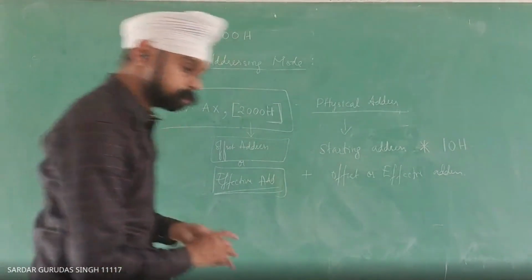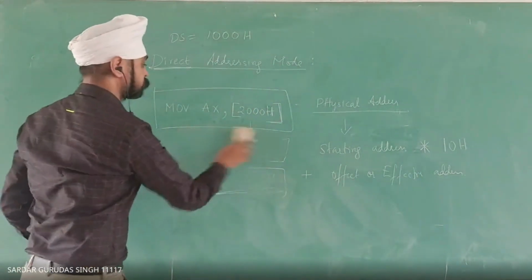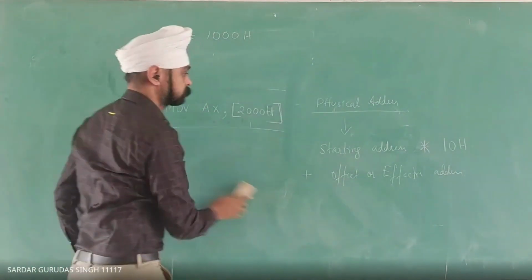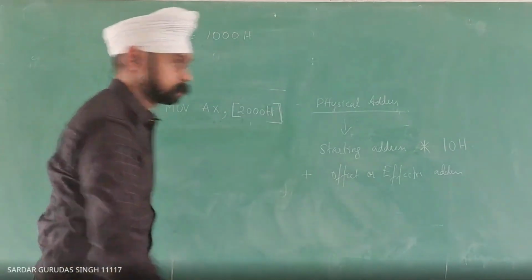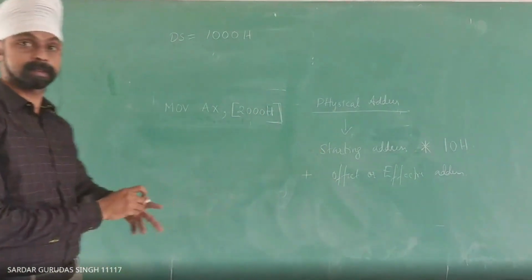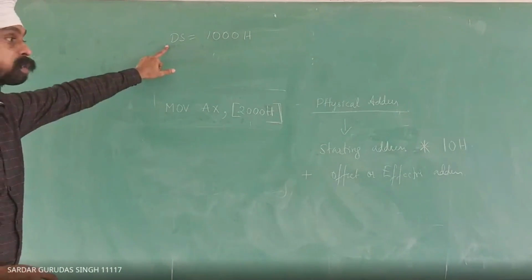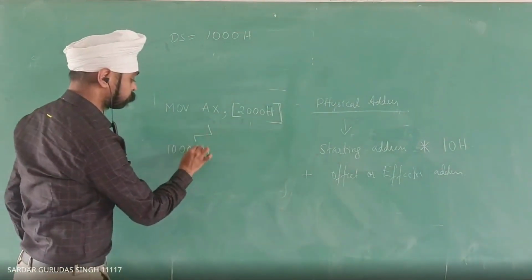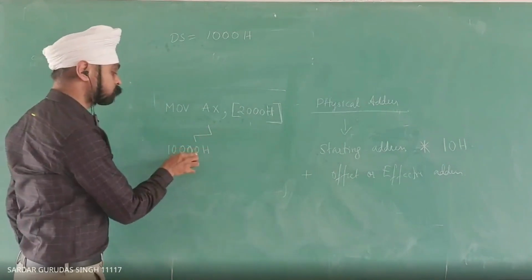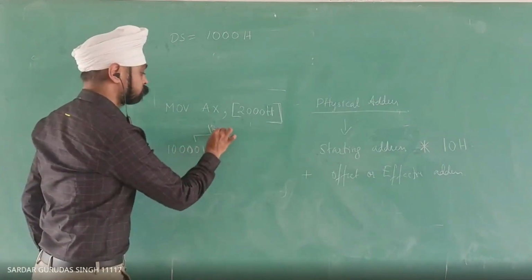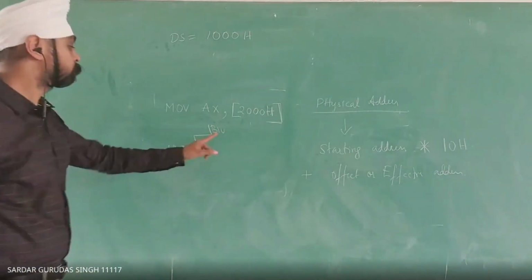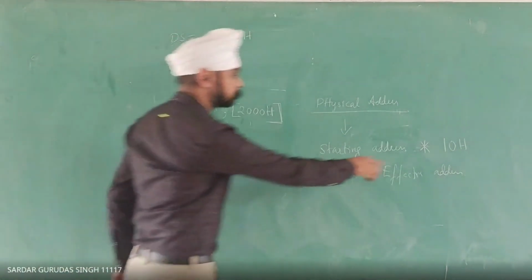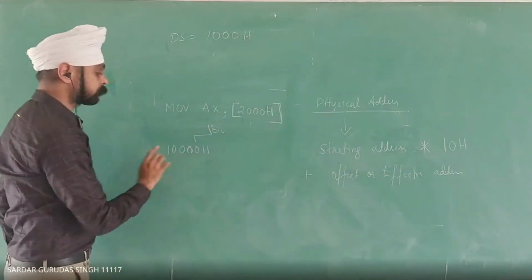Now, here you see this instruction. What is the starting address? Where is it specified? It is in the DS, and we need to insert a 0 at the LSB, that is, starting address into 10H, which gives 10,000.